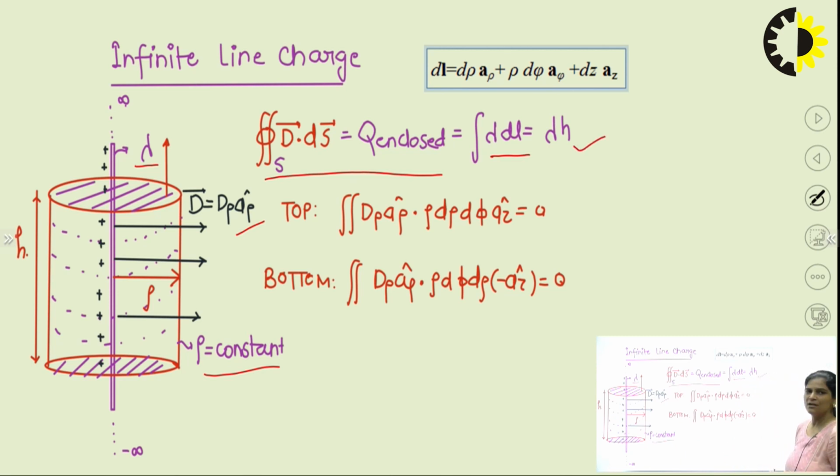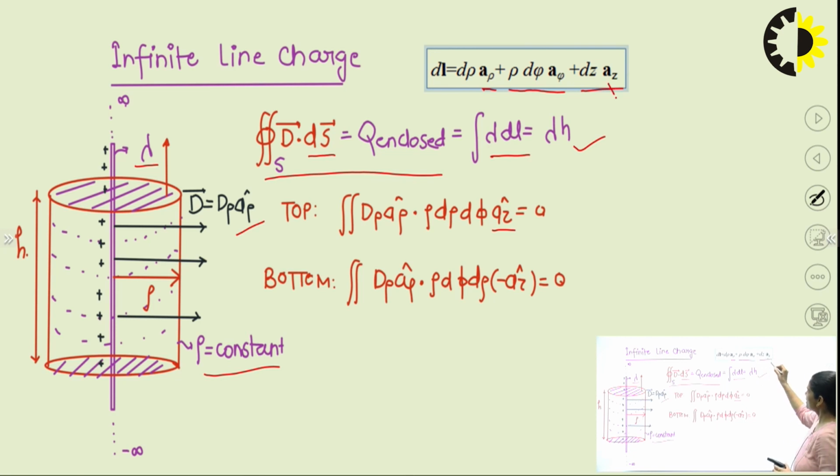Now calculate it. You have to calculate this D dot ds for top, bottom and curved part. Now for the top you have to write down D and dot ds. So first you have to calculate ds for the top. If you are considering the top, it is your z axis. Now you should know dl for cylindrical is equal to d rho unit vector of rho plus rho d phi unit vector of phi plus dz unit vector of z.